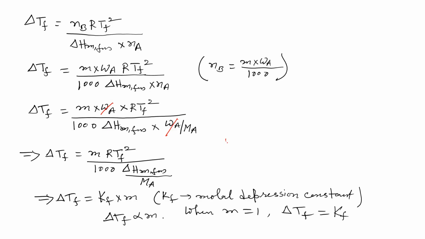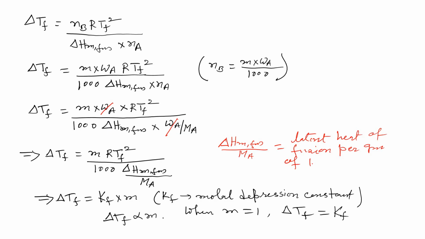So delta H molar fusion divided by molecular weight of the solvent is the latent heat of fusion per gram of the solvent, and that is equal to, say, LF, small LF.